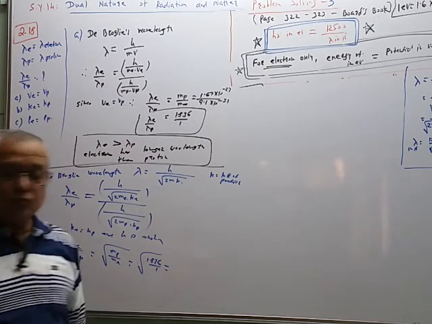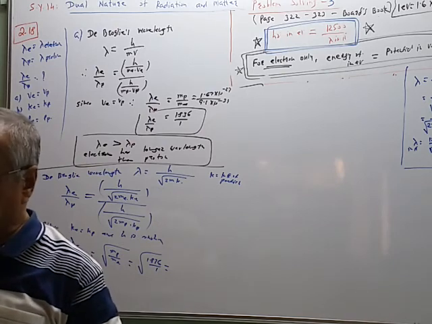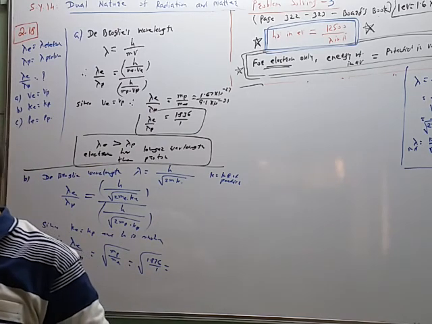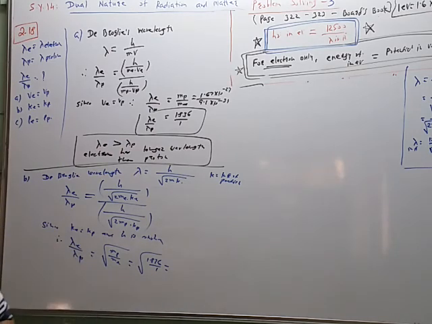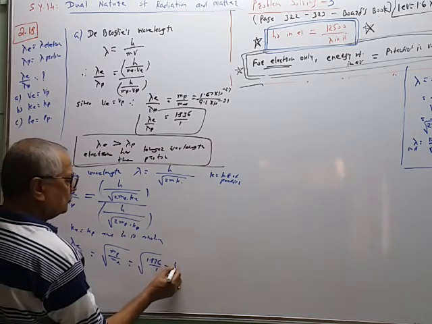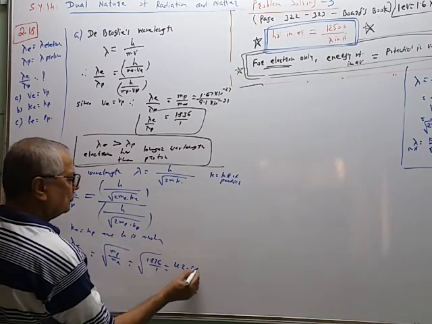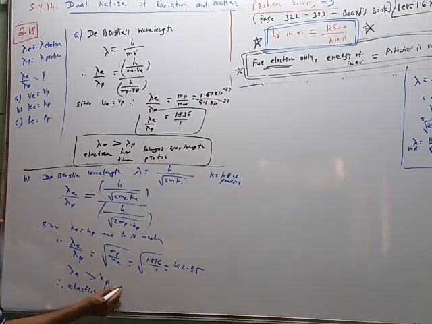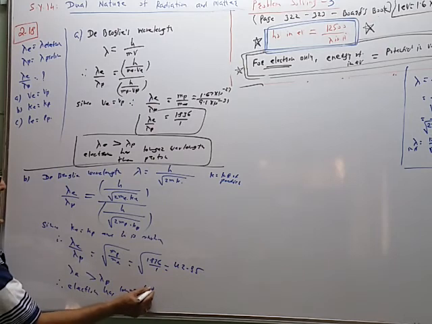The root will be more than 40, that is 42.85. So lambda E is greater than lambda P. So electron has longer wavelength than proton.